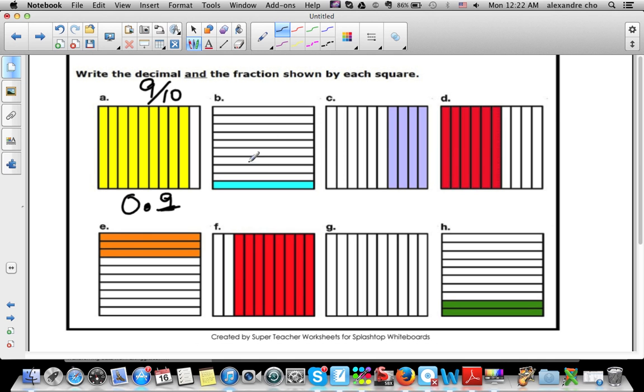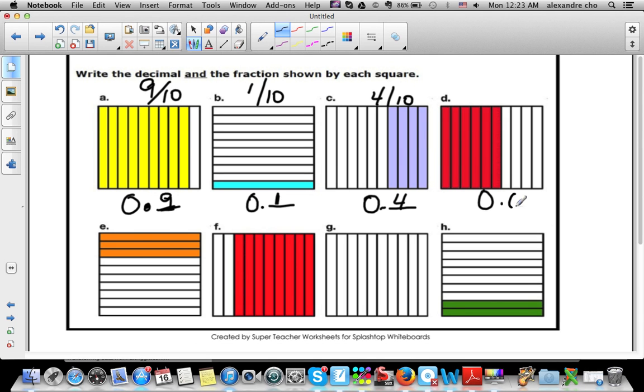So, now that you're back, B would be 1 out of 10, or 0.1, okay? Remember, first decimal place, the tenths, okay? C, decimal first this time, 0.4, or 4 out of 10. D, 1, 2, 3, 4, 5, 6.